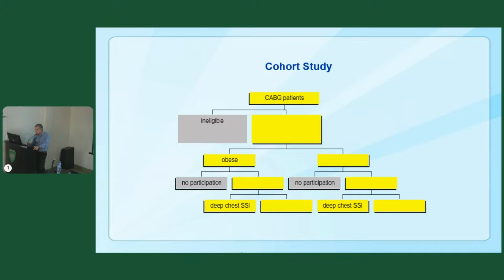So he designed that cohort study, with obese patients and non-obese patients, and followed them over time. He didn't have to wait too long, because for the event of interest, they all went through CABG, the open heart surgery, and then in a few days or hours, you're going to see if they have deep chest wound infection or not.